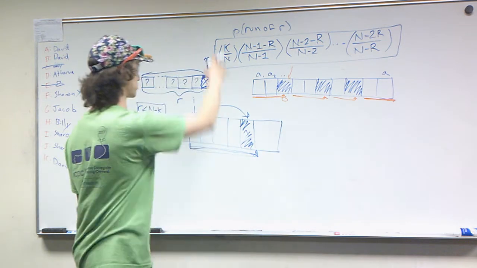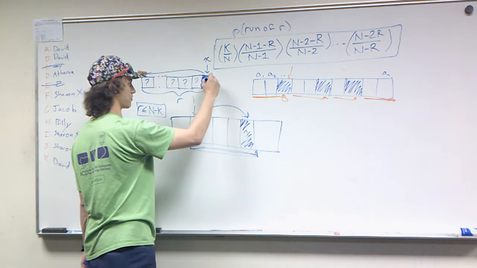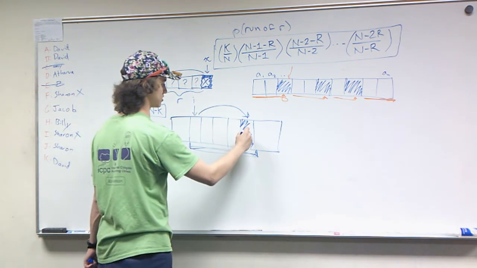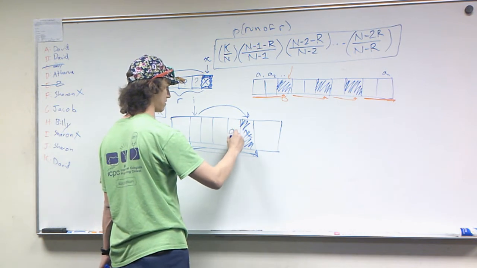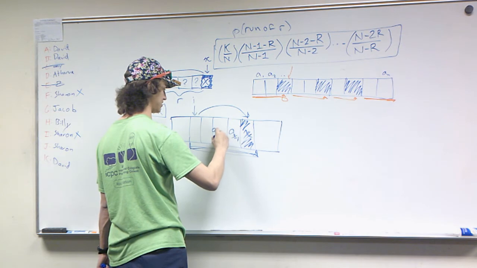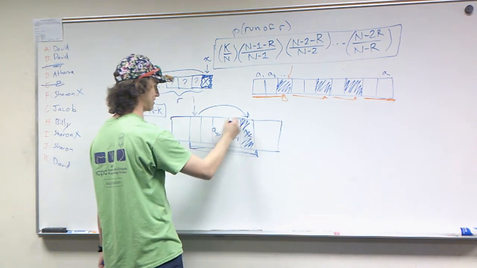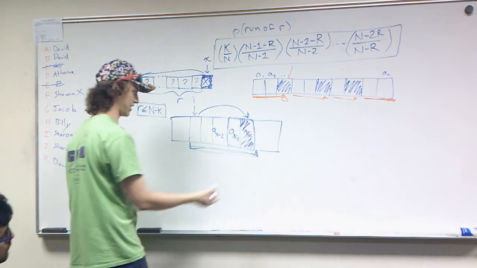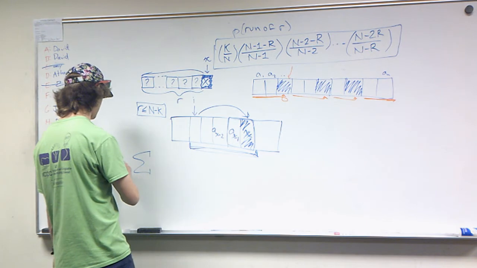So once you pre-compute that for every run length, you can go over n squared, go over each potential box x, and to compute its answer, you take the weight of each of these times the probability of getting that run, and that total for x is the expected value of x.